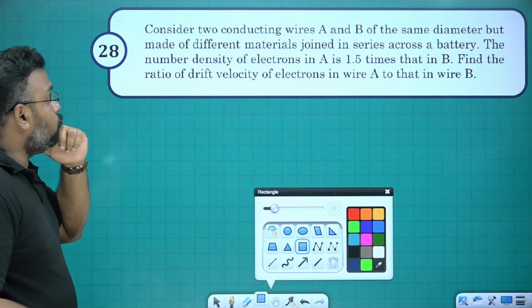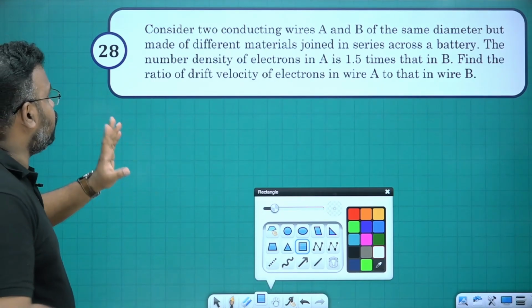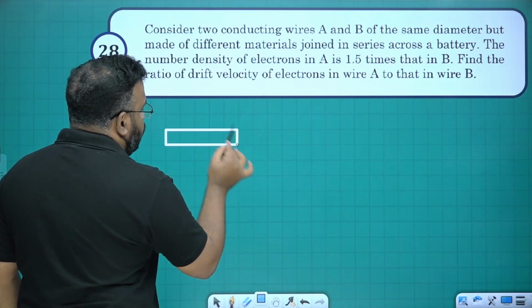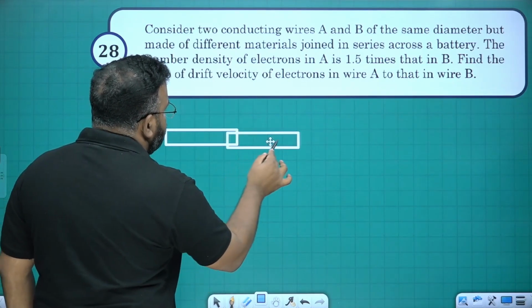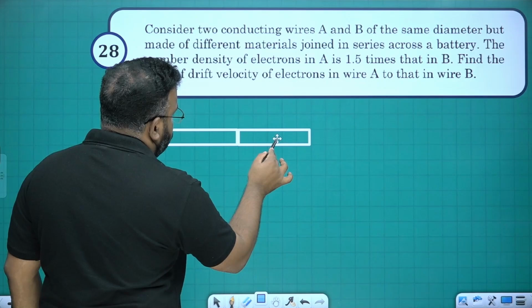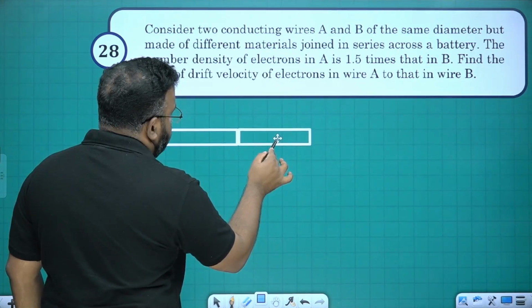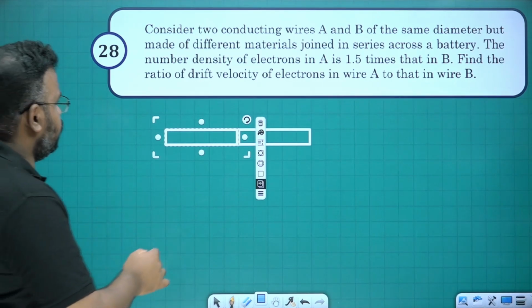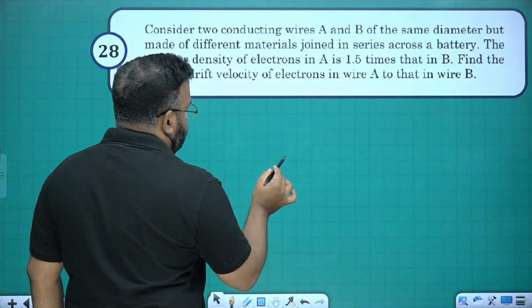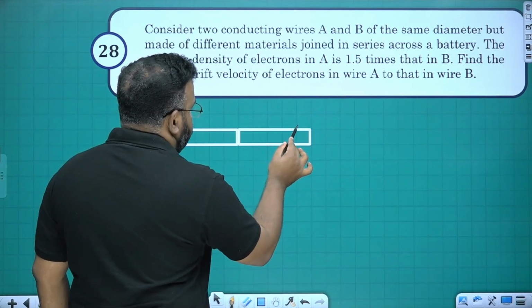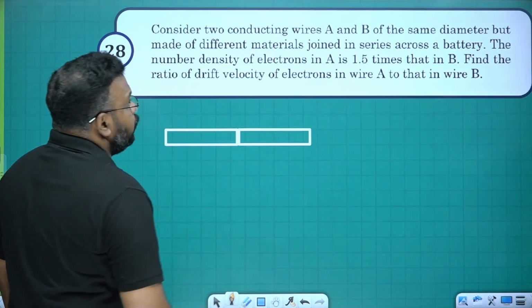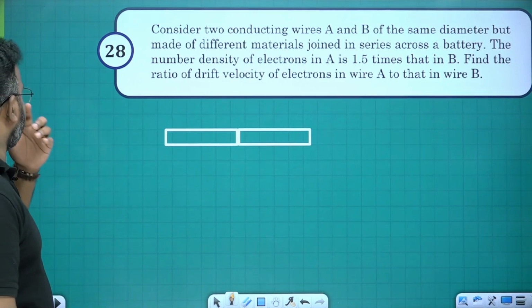Check. Consider two conducting wires A and B of the same diameter but made of different materials. So this is the first one. Diameter is the same. The second one is also the same diameter, but the materials are different.